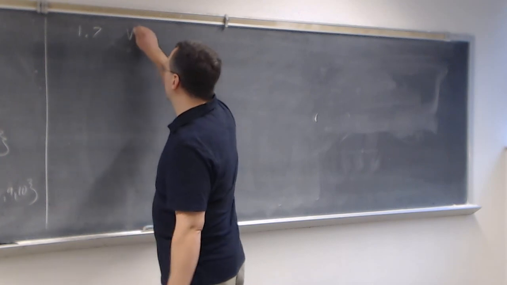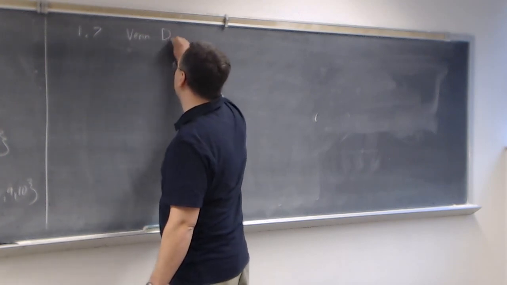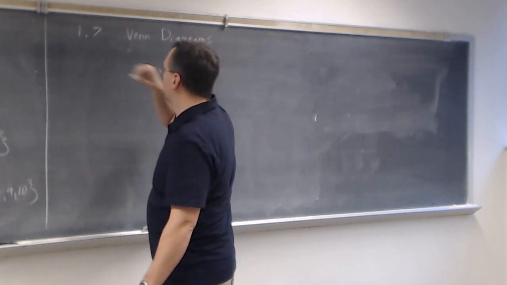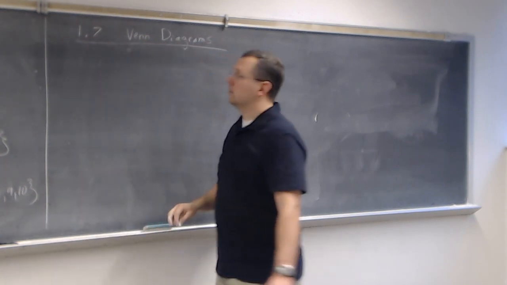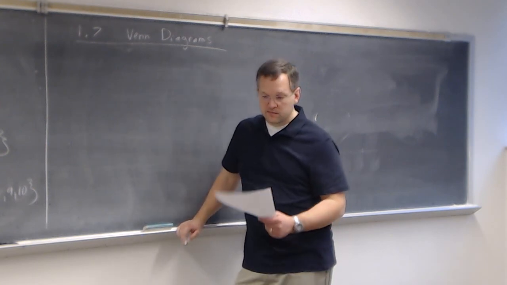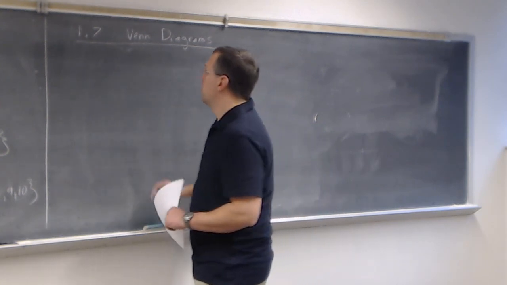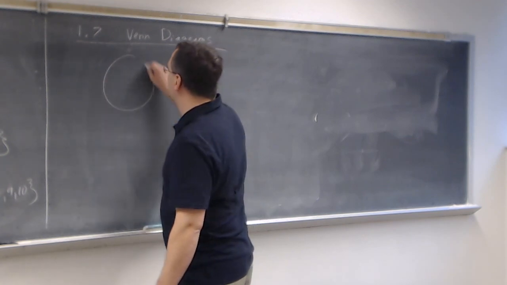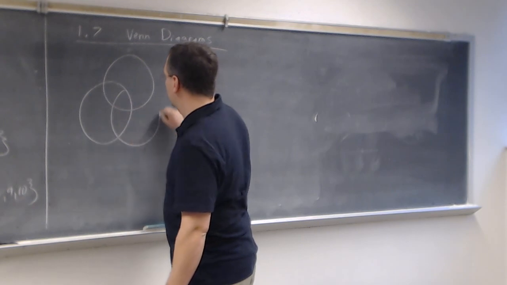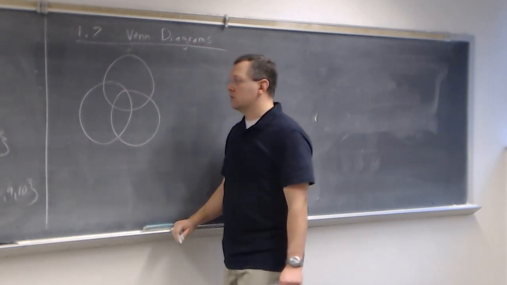So, Venn diagrams. I'm just going to show you some more examples, specifically unions and intersections with more than 2 sets. When you have 3 sets, you have to draw your Venn diagrams.